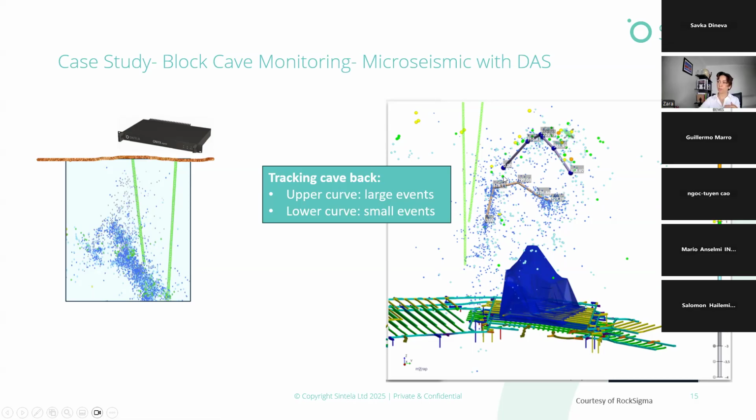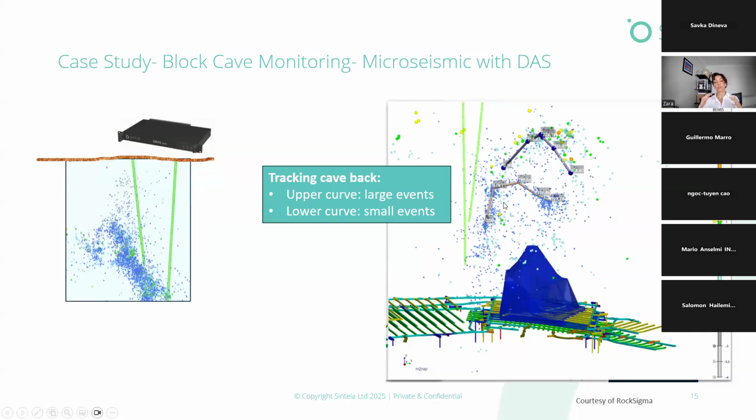But then on top of that, we see a cluster of larger magnitude events. This is the area where the rock mass is building stress in response to that cave propagation and stress redistribution. And that large magnitude cluster, as you can see, is not quite in parallel with the smaller cluster.